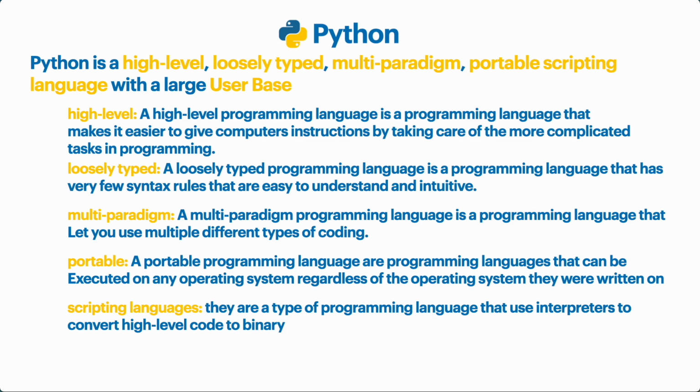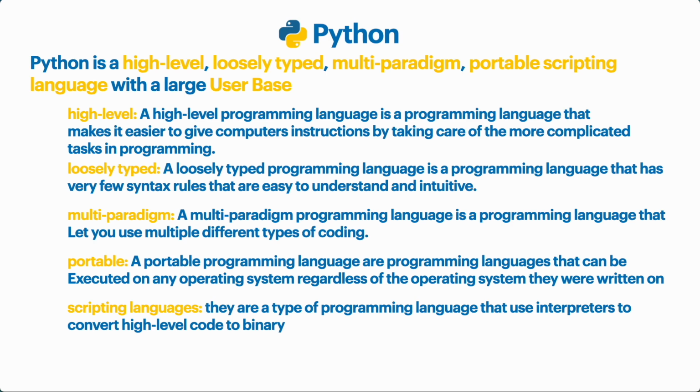So, let's go back to the translators. Every programming language has translators that translate your high level code, written in English, to zeros and ones, or binary. There are different types of translators that different programming languages use to do the same thing, which is convert high level code to low level code.